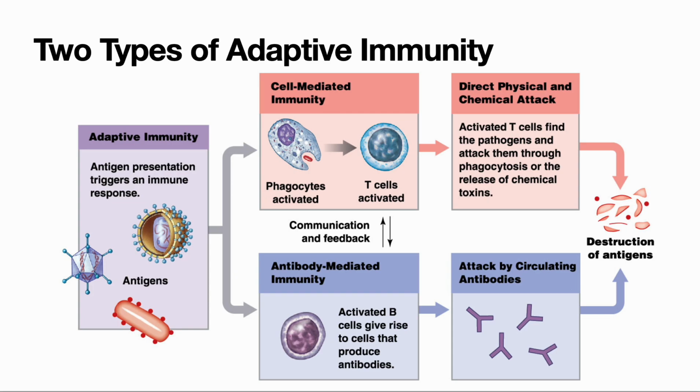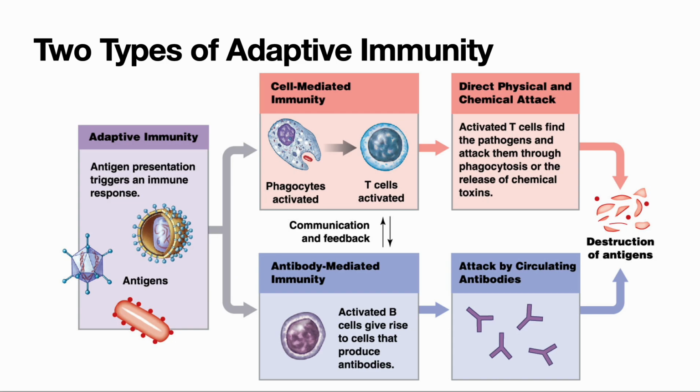So if we go cell-mediated, that means that phagocytes have been activated by the presentation of antigen, which leads to T cell activation. And then from there, we will see activated T cells will seek out and target that particular pathogen that's associated with that antigen.